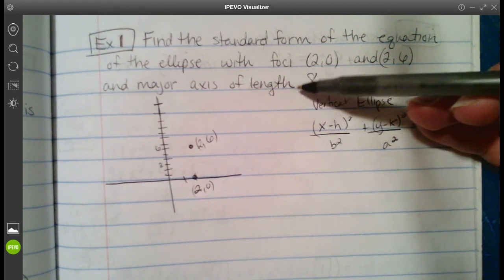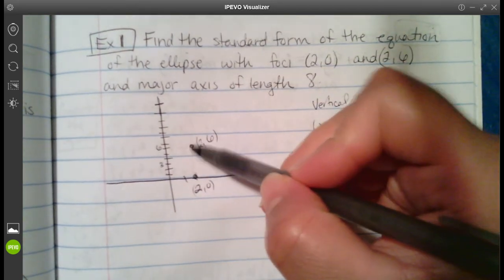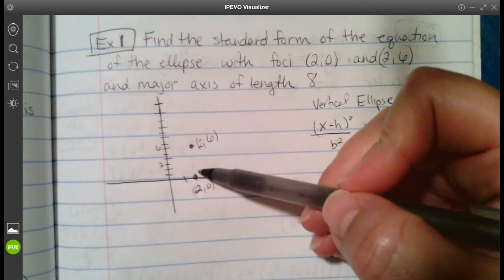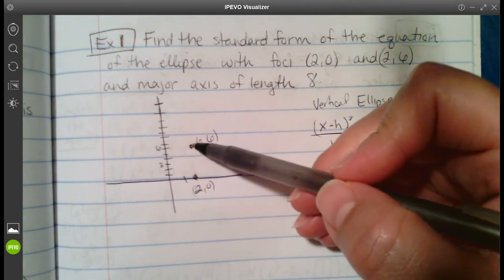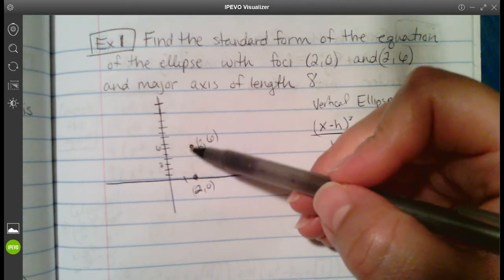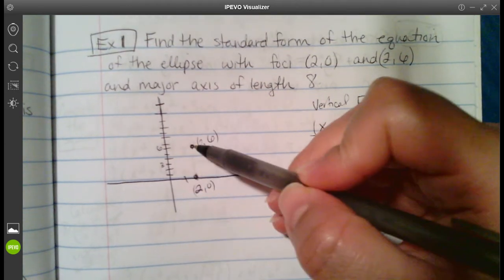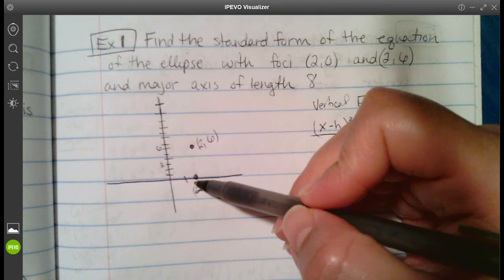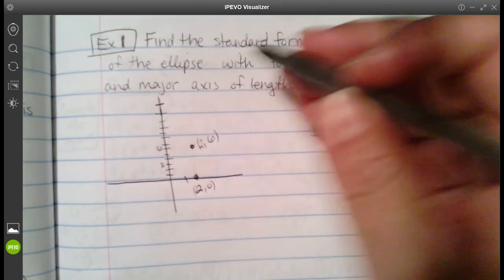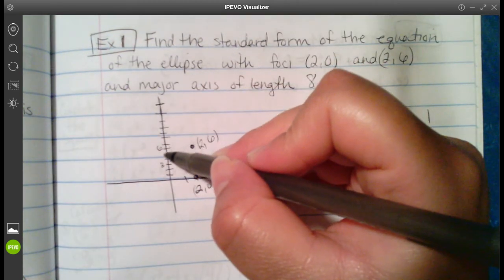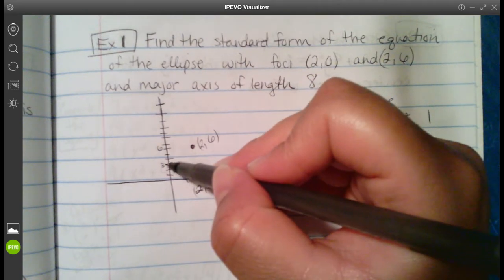Before I deal with that, I know that the center is between the two focus points and it's equidistant. In other words, it's going to be the halfway point between these two. Since my points go from 0 to 6, half of that would be 3, right? Just to be sure, I can count: 1, 2, 3.